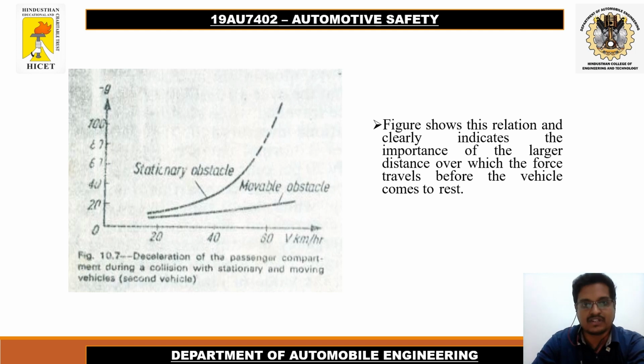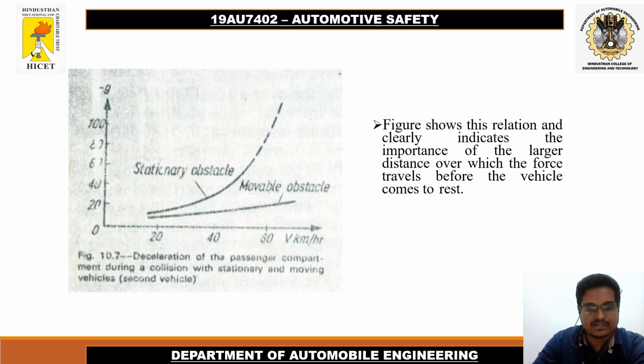So it will obviously have a great impact on passenger safety. Here, the figure shows this relation and clearly indicates the importance of the larger distance over which the force travels before the vehicle comes to rest.